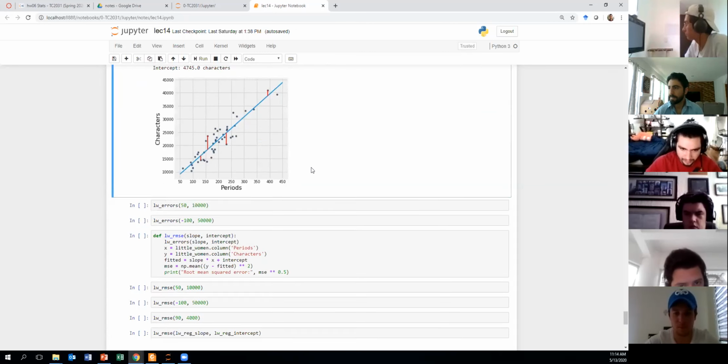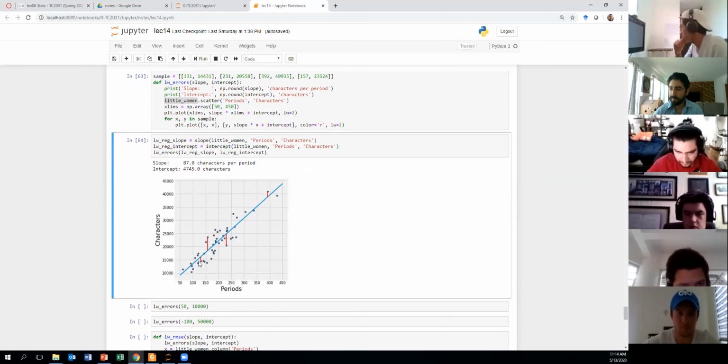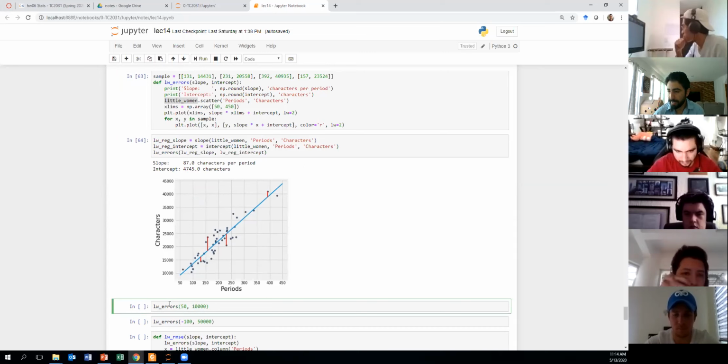So see these errors. This is the line, these are the errors again. I can draw different lines with different intercept and slope.